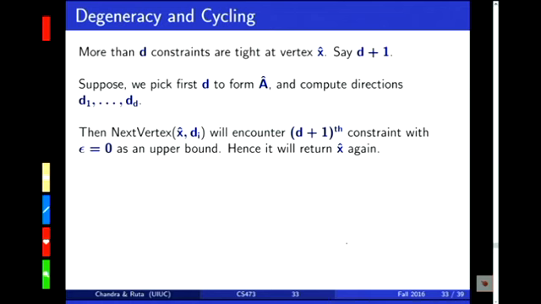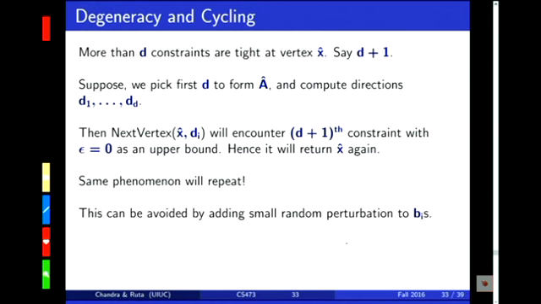To handle that, you can perturb the bi's a little bit, very, very tiny. It can also be a lexicographic or symbolic perturbation. And then this degeneracy will disappear. It is kind of pushing the top vertex by a bit, and that will generate a small face here, kind of.